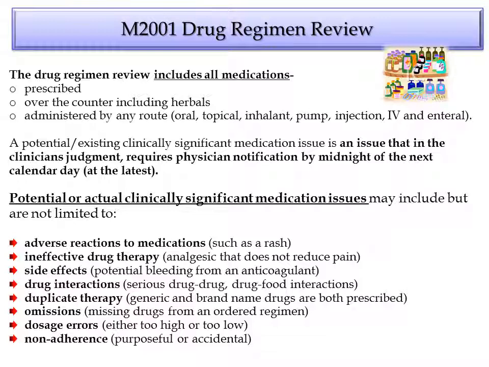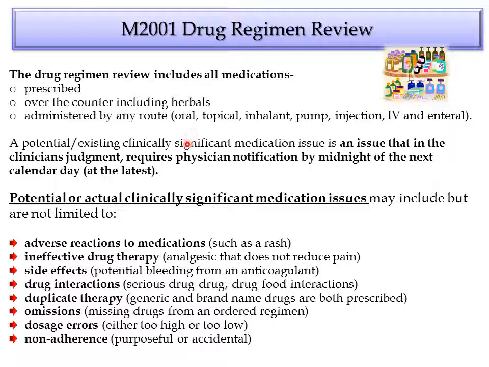The guidance for M2001, because they took this information out of the question, is just kind of a reminder that the drug regimen review includes all meds that are prescribed, over the counter, herbals, and administered by any route. So it doesn't matter what route, it's included in the regimen review.